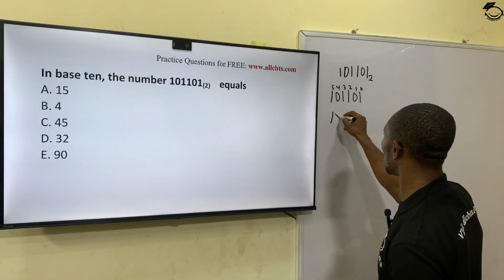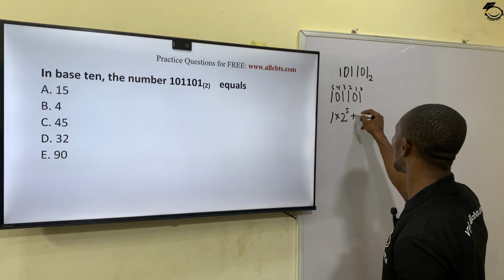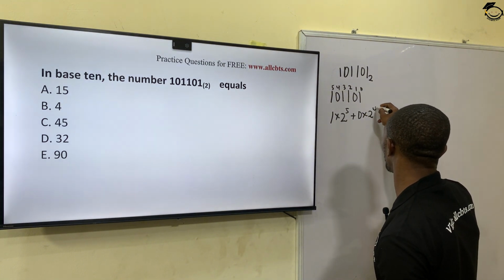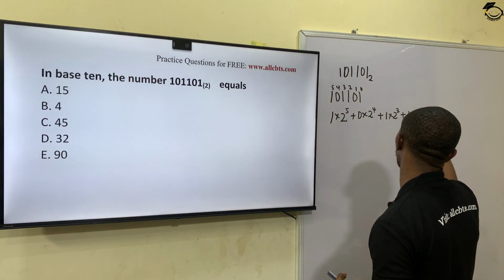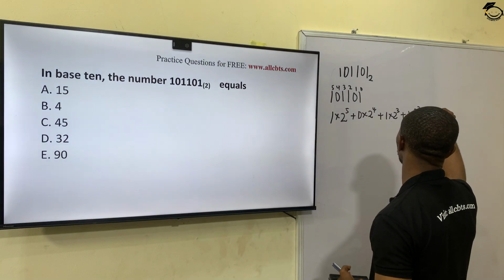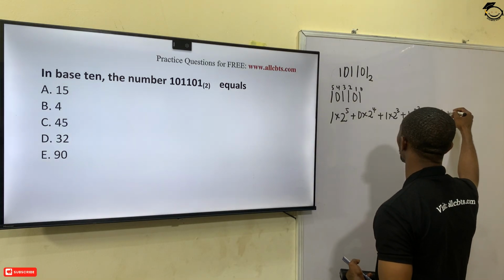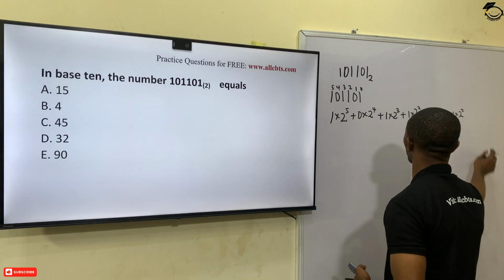So this becomes 1 times 2 raised to the power 5 plus 0 times 2 raised to the power 4 plus 1 times 2 raised to the power 3 plus 1 times 2 raised to the power 2 plus 0 times 2 raised to the power 1 plus 1 times 2 raised to the power 0.